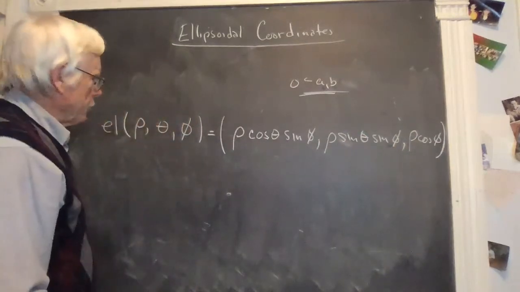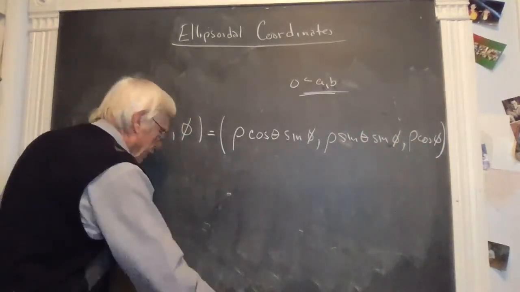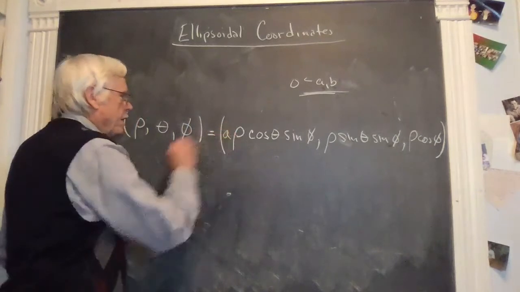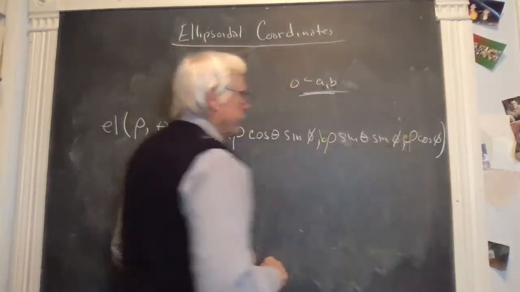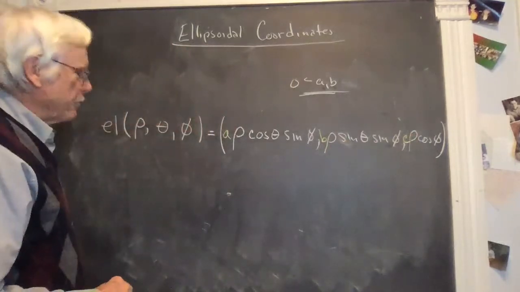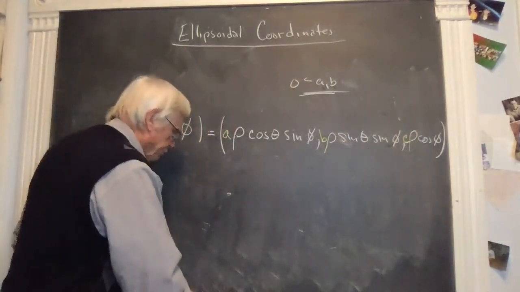So this is the one we just had. The ellipsoidal one is different only because it puts an A in front of this, and a B in front of this, and a C in front of this. So now we've got an ABC.